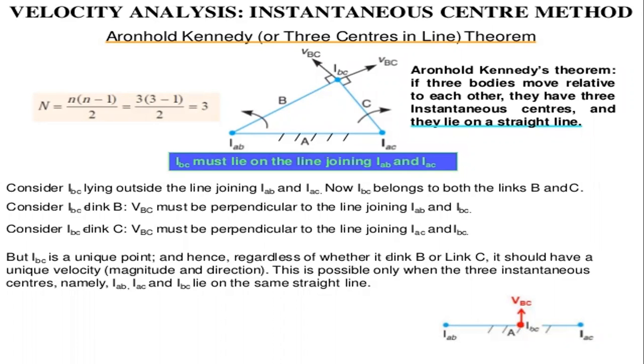From Kennedy's theorem, this is a unique point, and hence regardless of whether it is link B or link C, it should have a unique velocity in both magnitude and direction.